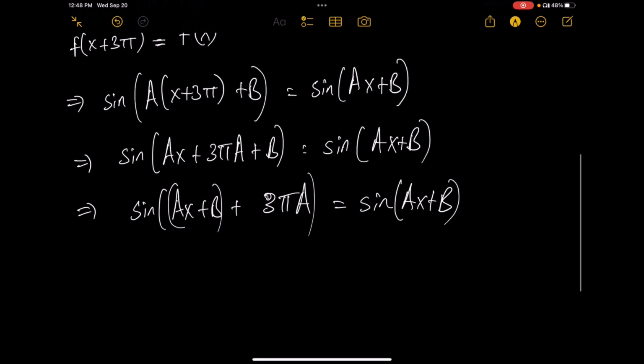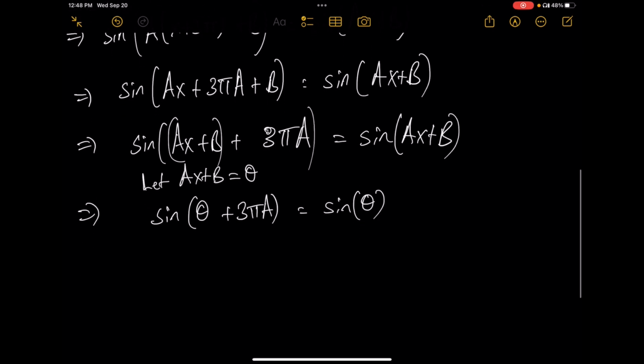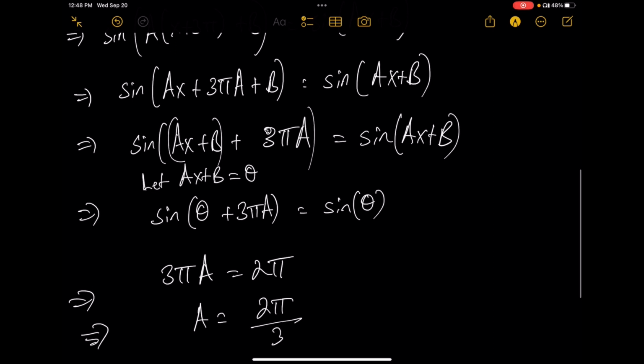Okay, ax plus b I can simply call theta. Let ax plus b equal theta, and this implies that sin of theta plus 3 pi a equals sin of theta. Now the sine function has a period of 2 pi, thus 3 pi a must equal 2 pi, which implies that a equals 2 pi over 3 pi, pi cancels, so a is 2 over 3.